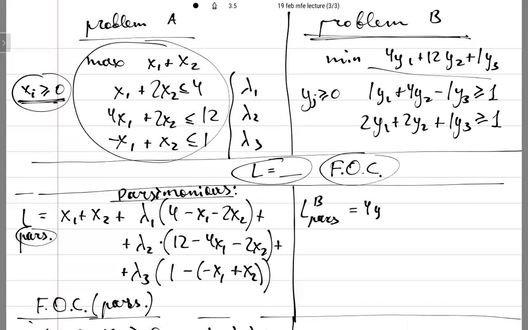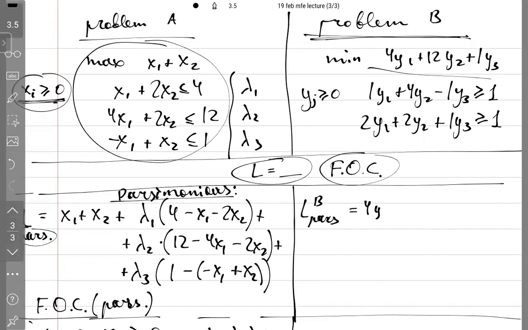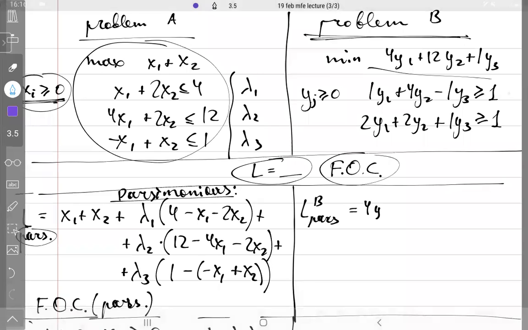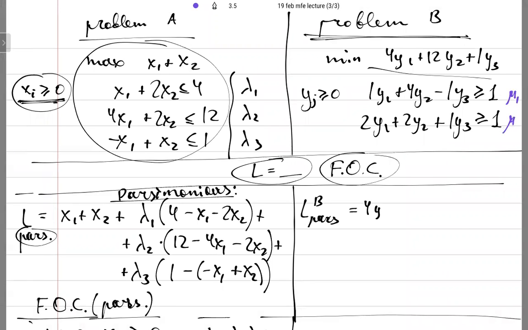For y, let's call the Lagrange multipliers not lambdas but mu. It will be mu1 and mu2. So I will just use different names for Lagrange multipliers.